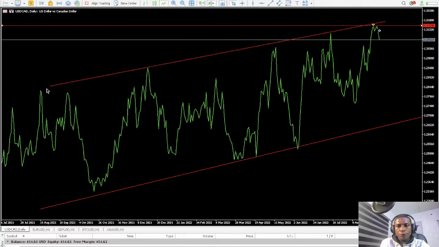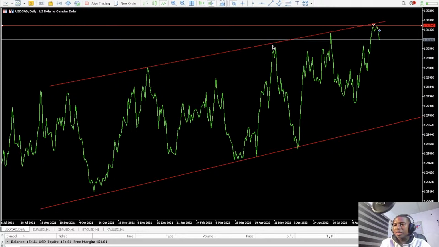Price moved from here down, and went up, then price came down, and went up again. Price came down. Now you could see that this low was created when price went down and came up.